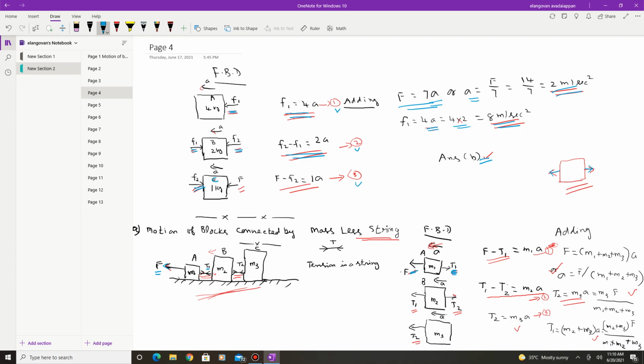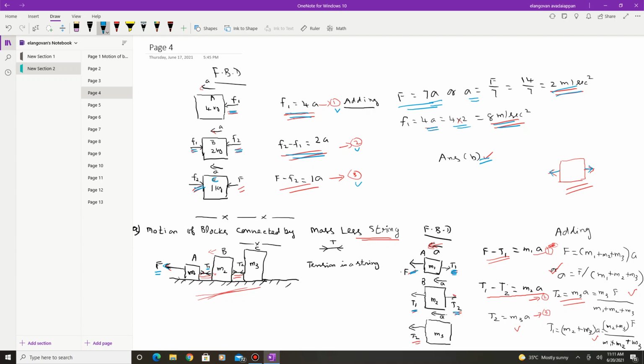Now you draw the first free body diagram, and for the block B, you draw the free body diagram. T1 is the tension acting from B to A along the string, and the tension T2, because they are different strings, so the tension may be different.